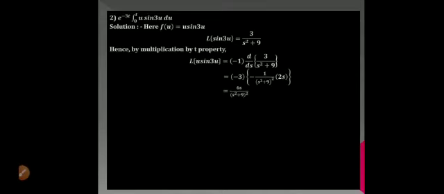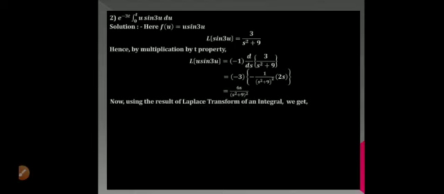It is nothing but minus 1 upon f of x square into f dash of x. So it becomes minus 1 upon s square plus 9 whole square into the derivative of s square, 2s. So finally we get minus 3 into minus 2s, that is positive 6s divided by s square plus 9 whole square.